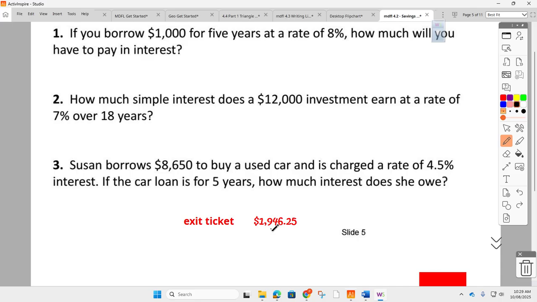From 4.2. All right, so we're checking our problem and get your 4.2 notes out, Ezra.